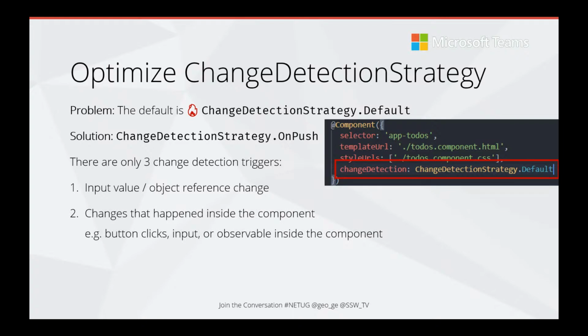Then, changes that happen inside the component, like a button click inside that component, will trigger change detection. If you have any observable, it will trigger change detection. And lastly, something most people don't normally do, you can actually force change detection using the ChangeDetectorRef service. Change detection can actually not run, and this is one of the ways that we can force it to run.